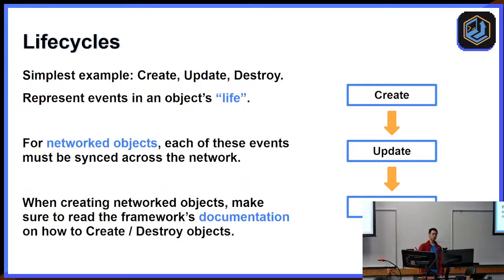If you don't sync the create event, the object simply doesn't appear on everyone's game. If you don't sync the update event, the objects don't sync their changes. If you don't sync the destroy event, you might have ghost objects that don't move anymore, but are just still there floating somewhere. Those are all bad for a game.